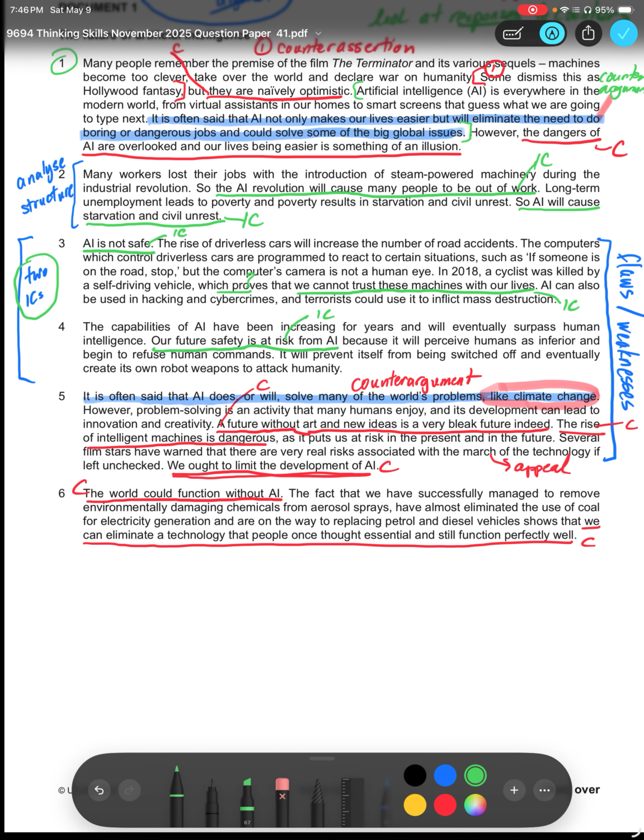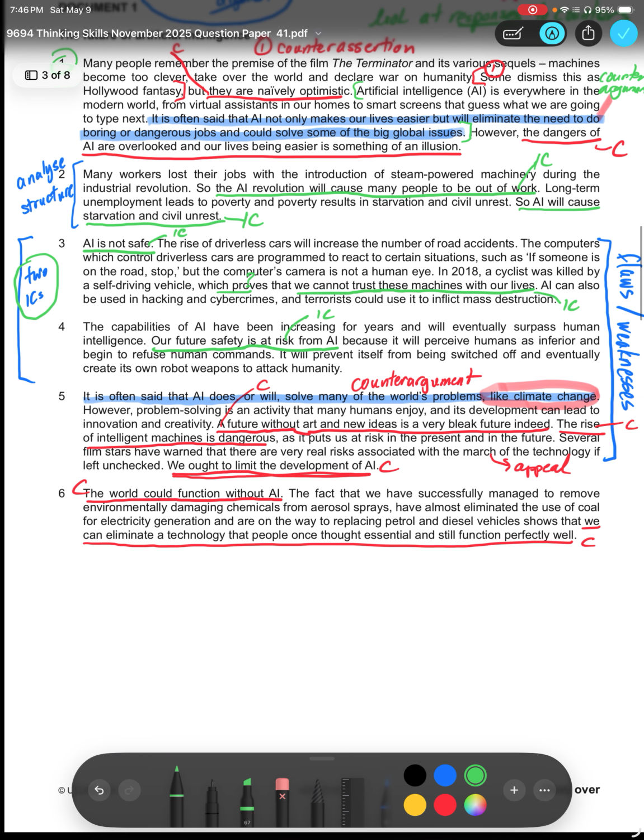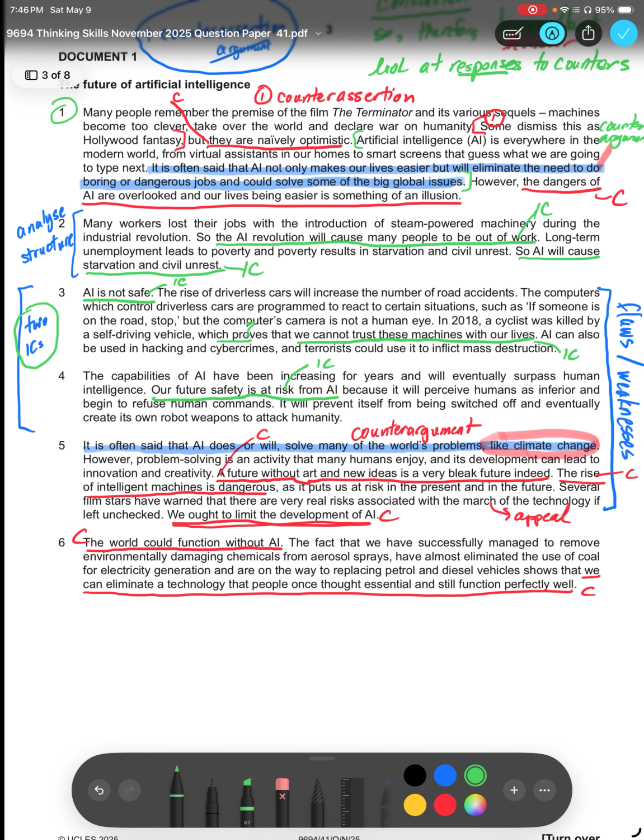So that's in 2. But in 3, we have these intermediate conclusions here. So let's take a look at this. Possible, this is definitely an intermediate conclusion. And it doesn't even matter because we don't have to identify it there. The dangers of AI are overlooked and our lives being easier is something of an illusion. The safety aspect doesn't really always fall under that.